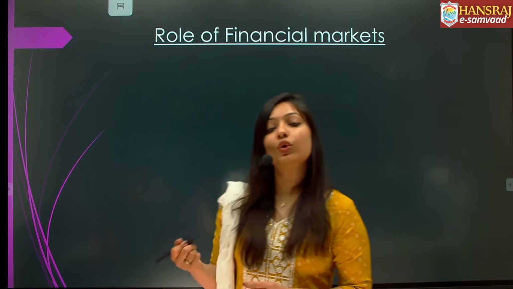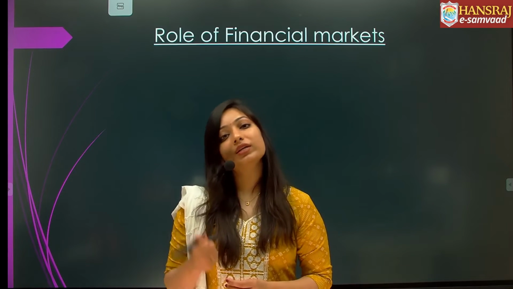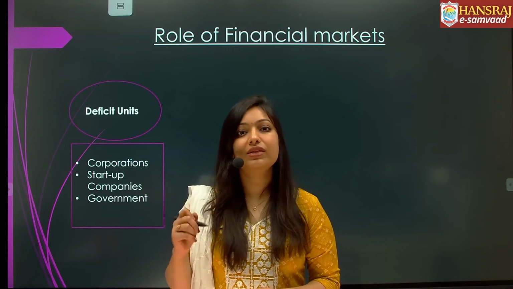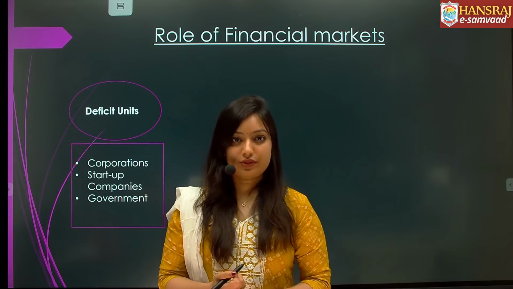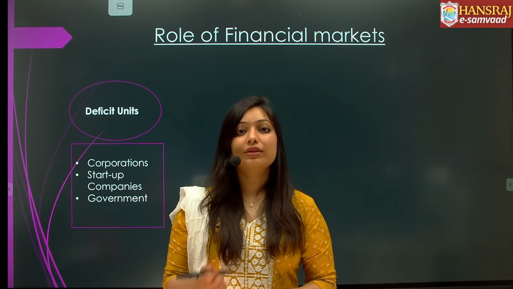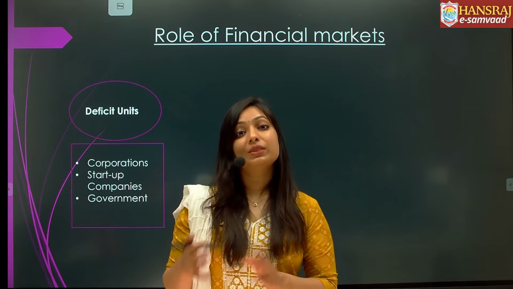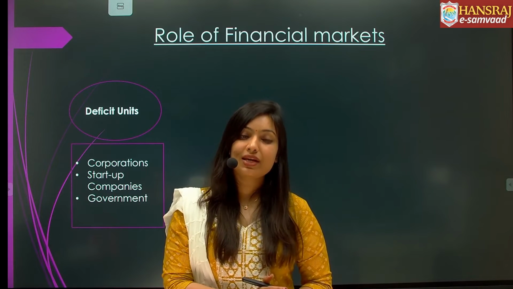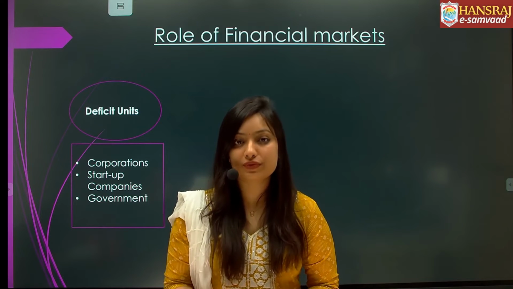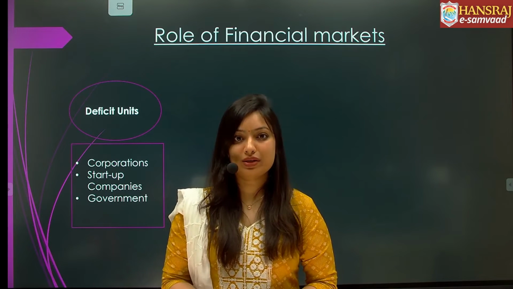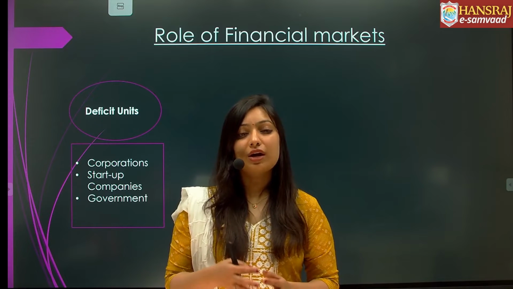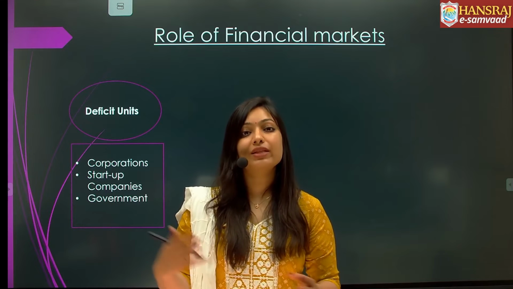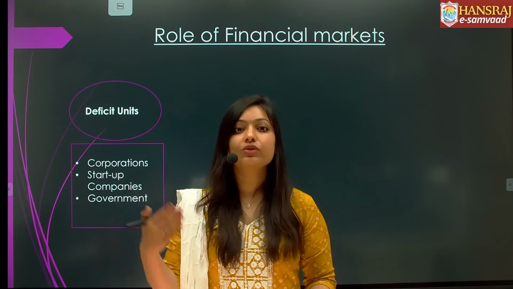Next, what is the role played by the financial markets? In the case of financial markets, we have two parties. The first party we have is the deficit units. Deficit units are the units whose expenditure is more than what they earn. So in order to meet their expenses, they have to raise or borrow funds from the financial markets. Deficit units are usually corporations who wish to expand their operations in different cities or countries.